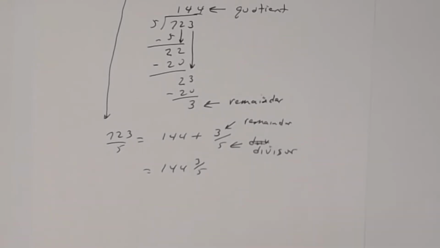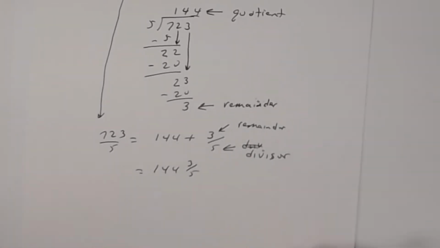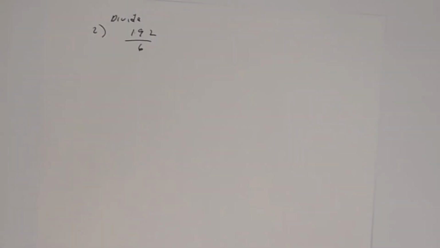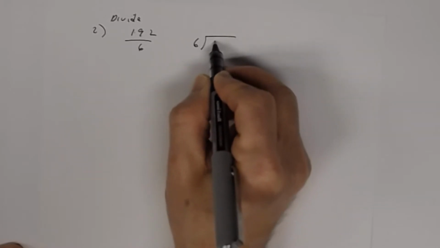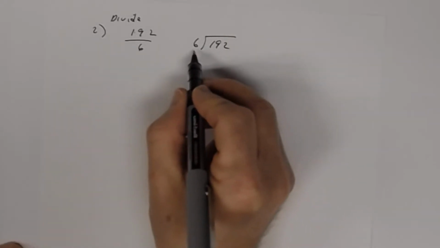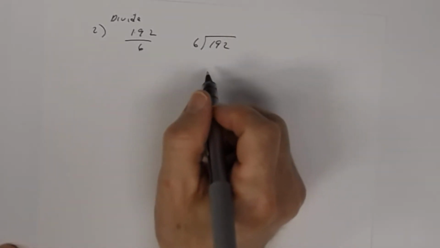Okay, now let's look at this for a moment. Let's suppose we had 192 divided by 6. And so I'm going to use that notation again. I'm going to say 6 divided into 192. So 6 is our divisor, 192 is our dividend.